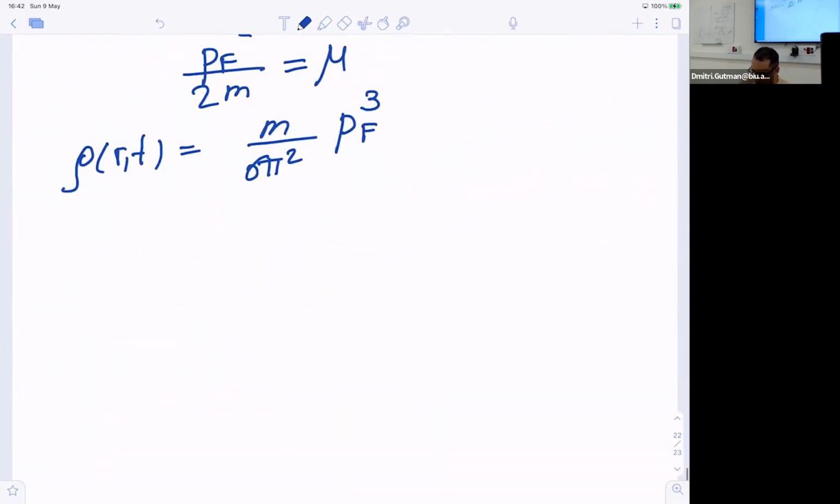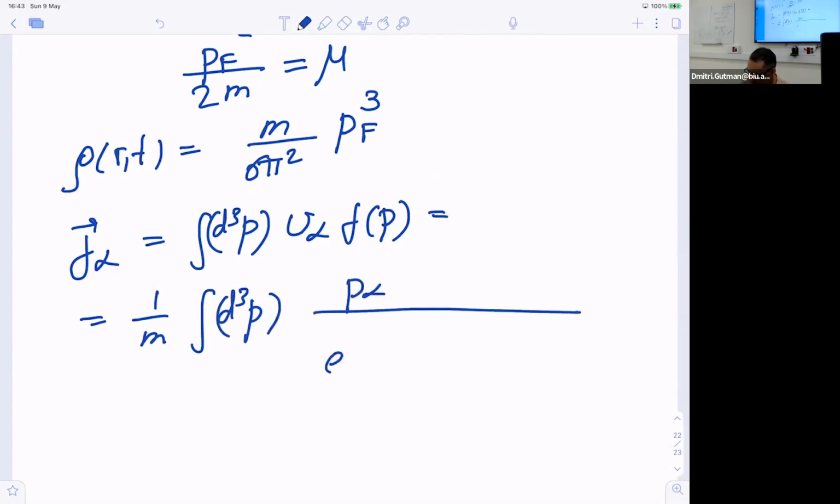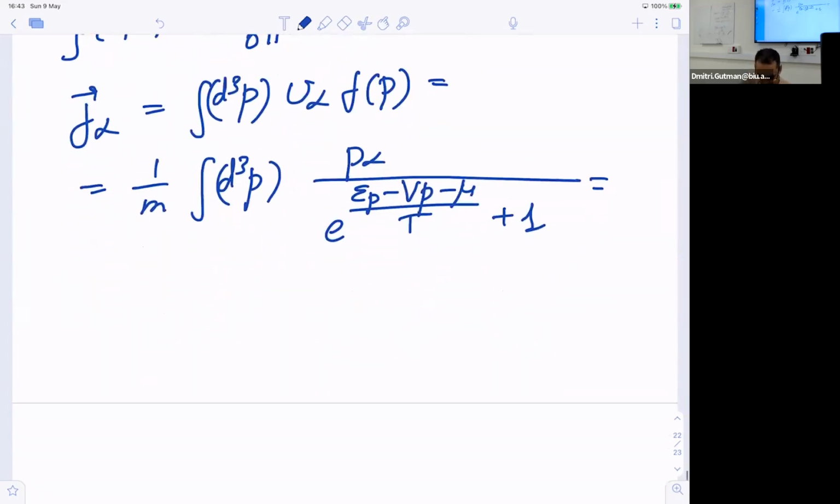Now, let me look at the current component in the direction alpha. This will be the integral d3p v alpha f of p. I'm plugging in this spectrum, p alpha divided by epsilon p minus v times p minus nu over t plus 1. Okay.